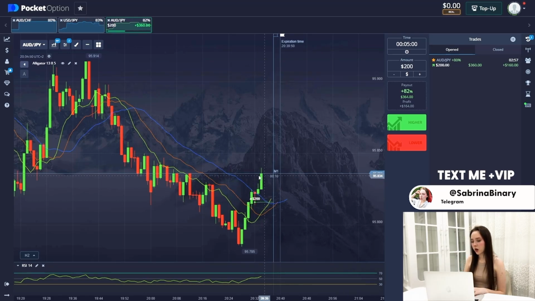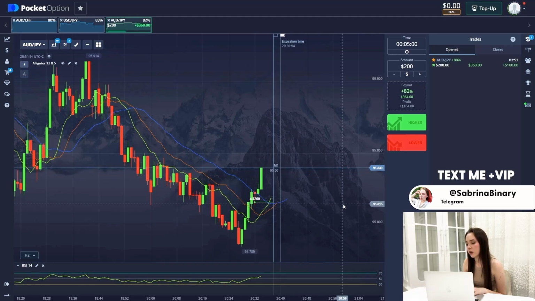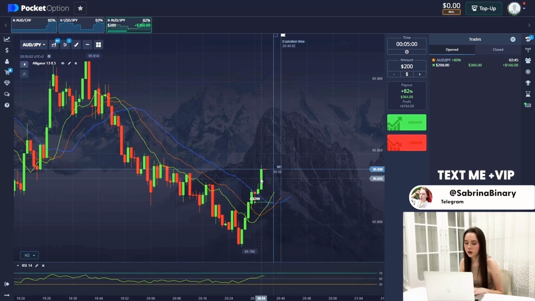So far, all the candlesticks are formed in our favor. Only the current candlestick is slightly down, but it's not a problem anyway. The candlesticks are much higher than our opening point.